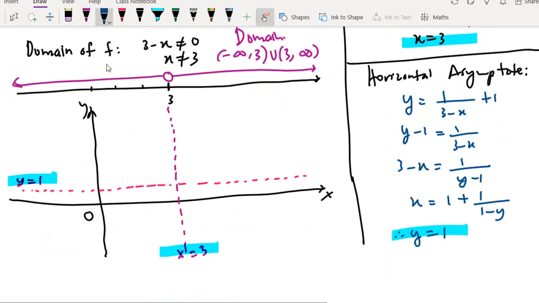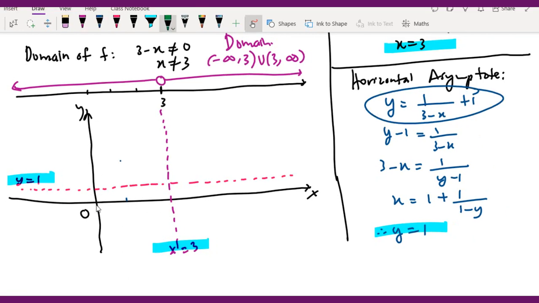So just take a few values and substitute. When x is equal to 0, y is equal to 1 over 3 plus 1, which is positive: 4 over 3. 4 over 3 is more than 1. The graph intercepts the y-axis at 4 over 3.